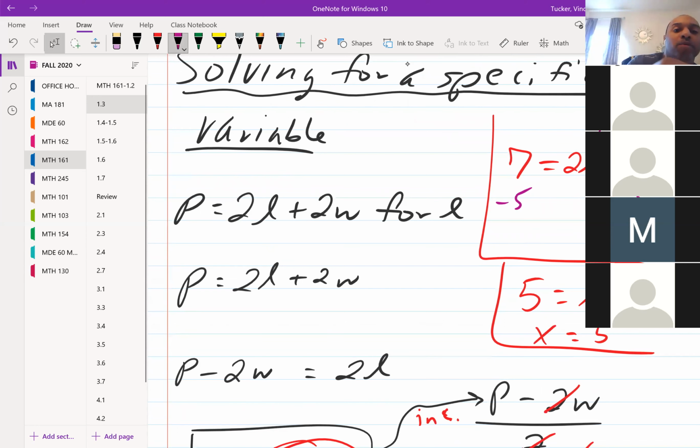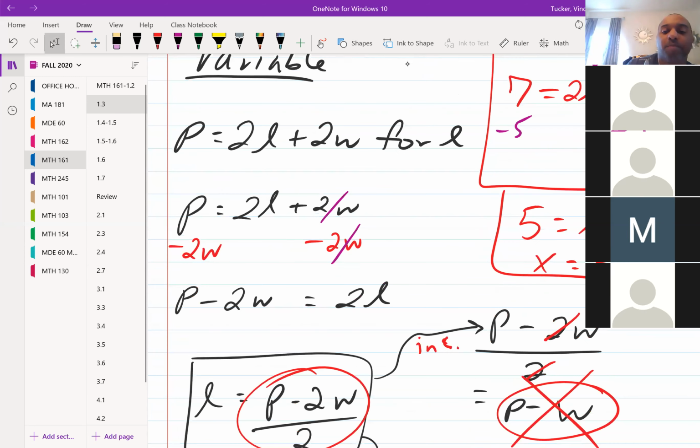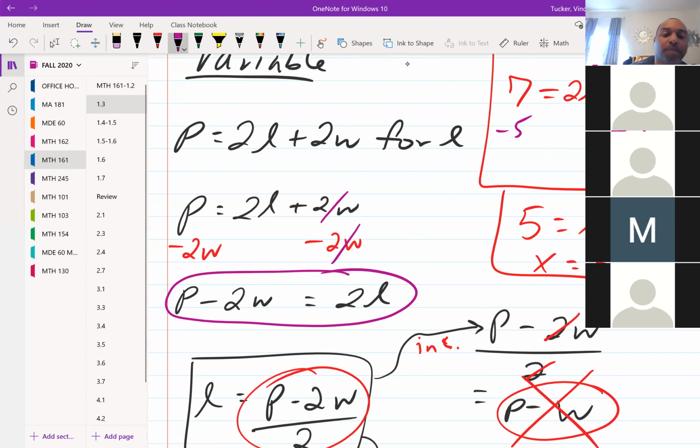And this means I would subtract 2W from both sides. 2W on the right cancels. And I cannot combine P and 2W. They are not like terms. So what I'm left with is P minus 2W equal to 2L.